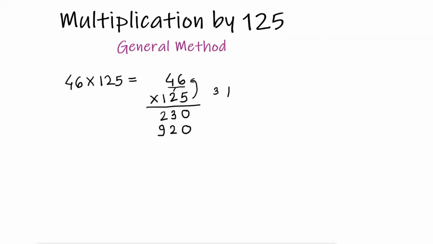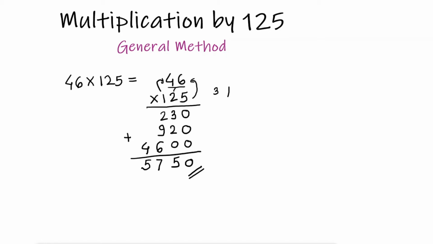Now 1 is remaining, so we have to multiply 1 by 46. So let's put 2 zeros here. Now 1 6 is 6 and 1 4 is 4, and let's add. So what is the addition? 5750. You can see here, the general method has lots of steps and it requires more time.